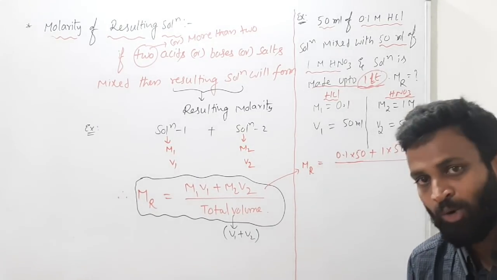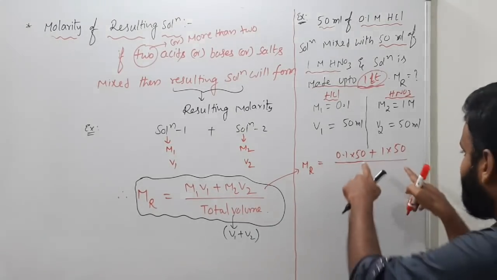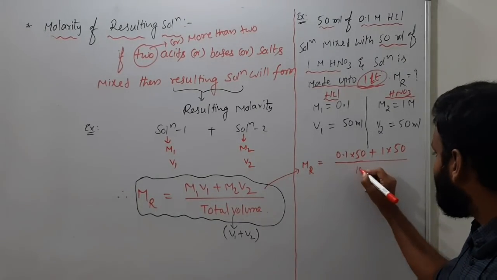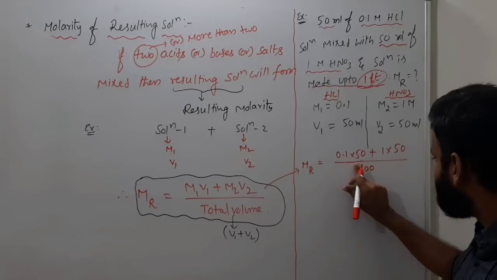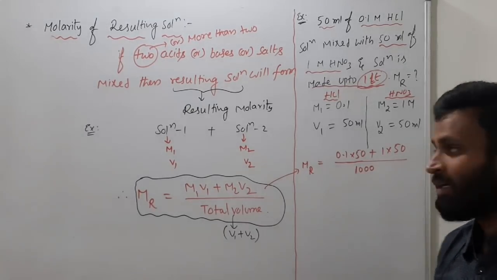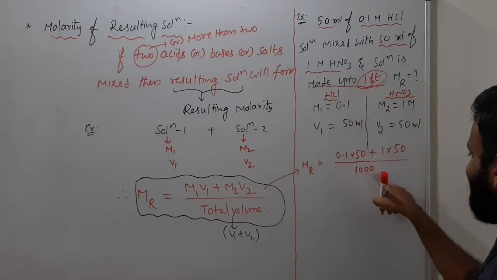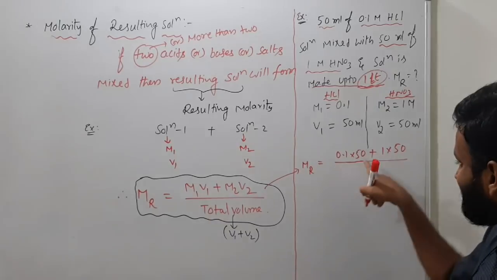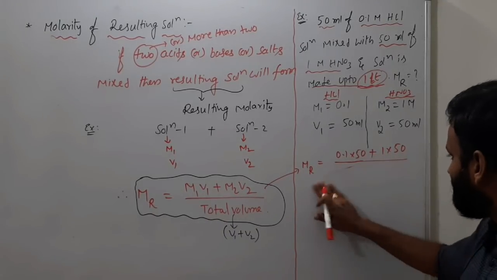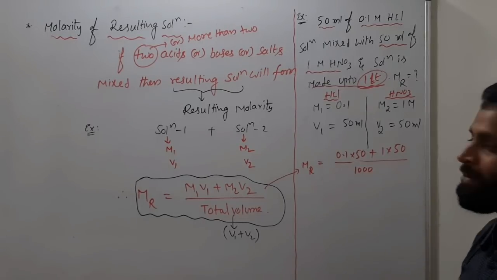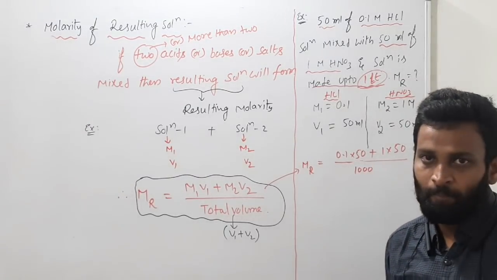So what total volume do we have to consider? 50 plus 50, 100, plus 900: total 1000 ml. Few people say final only 1 liter, sir, but this is 50 ml and this is 50 ml. So in the denominator you must take 1000 milliliters.